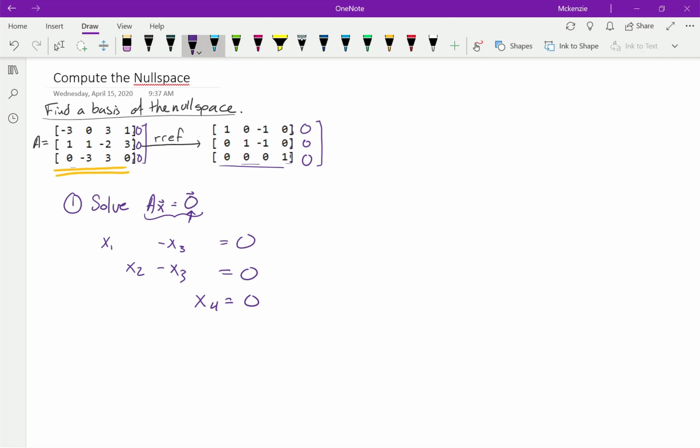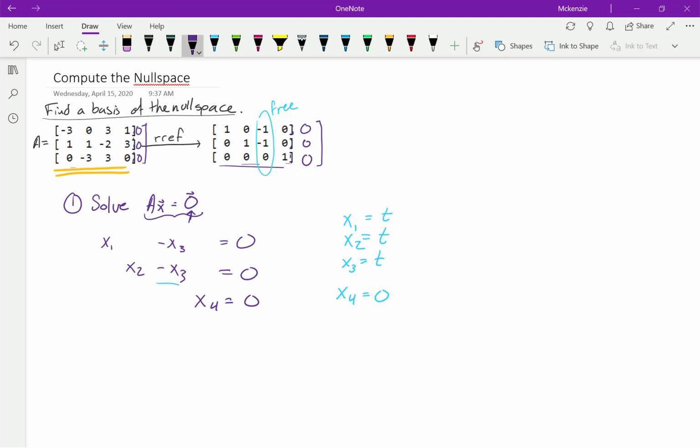So x3 is our free variable. We could say x3 equals t. And x4 we keep at 0. x2 equals x3, which is the same thing as t, and x1 similarly is also equal to t.